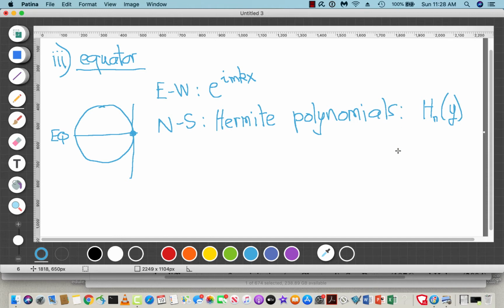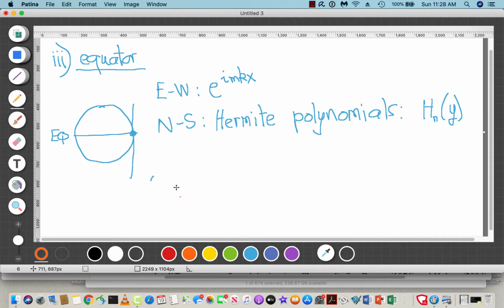Okay, so as you might guess, there used to be a guy called Bessel, and he invented a differential equation, the solution of which are Bessel functions. Then there was a guy called Hermite, who invented a differential equation, the solution of which are Hermite polynomials.